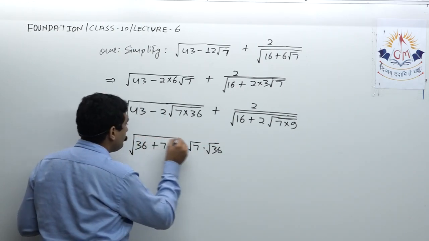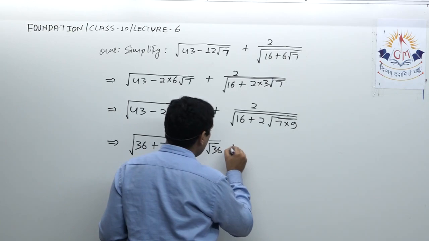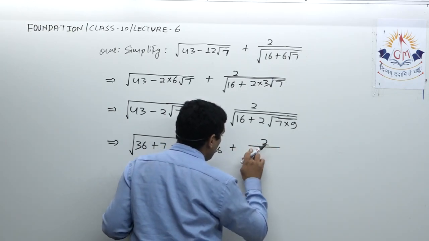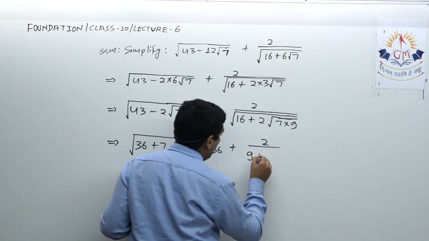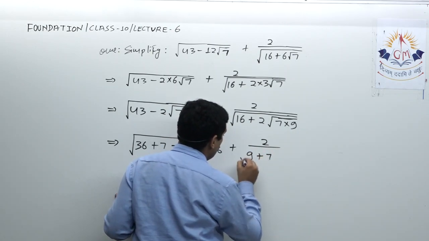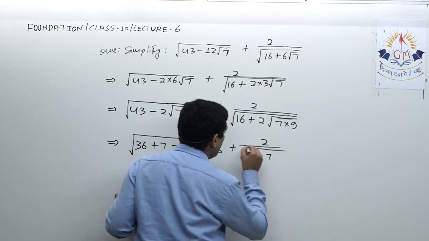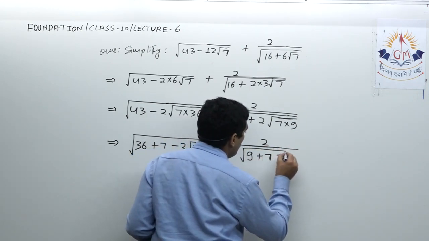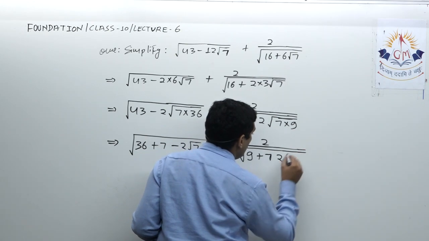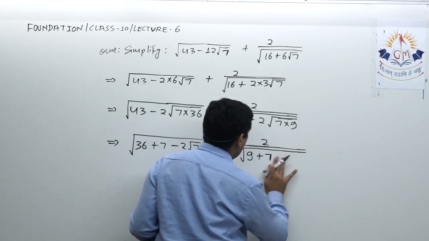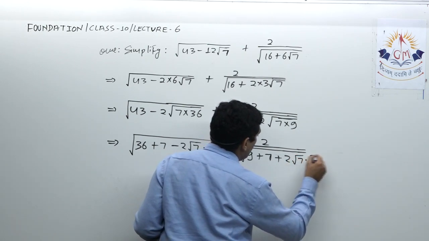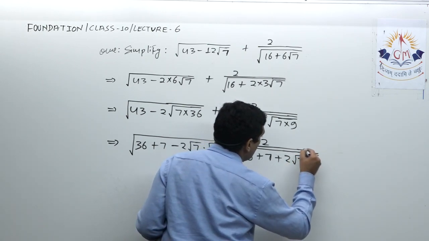Okay, that is actually 6, and over here 2 upon 16 can be written as 9 plus 7 plus 2 root 7 into root 9.